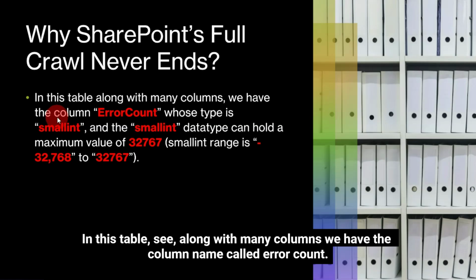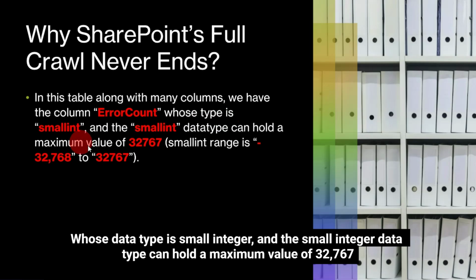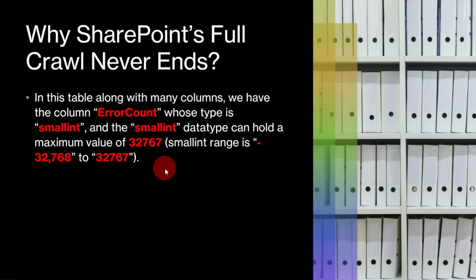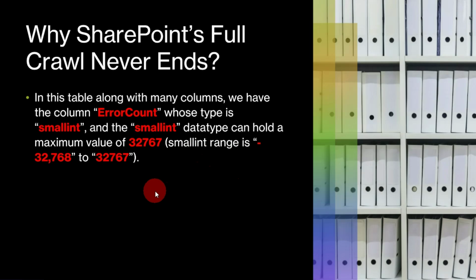In this table, along with many columns, we have a column called ErrorCount, whose data type is smallint, and the smallint data type can hold a maximum value of 32,767. The smallint data type range is minus 32,768 to 32,767.